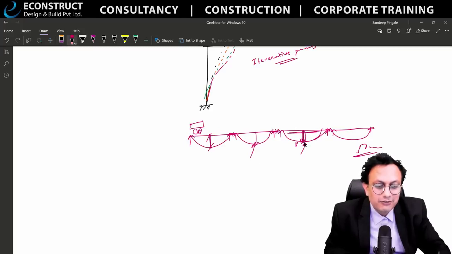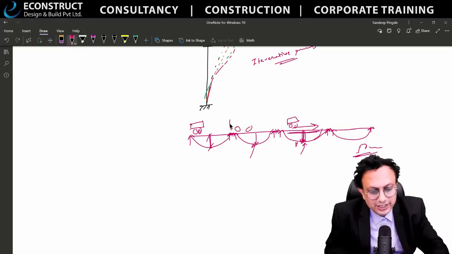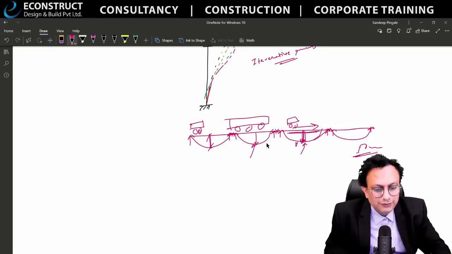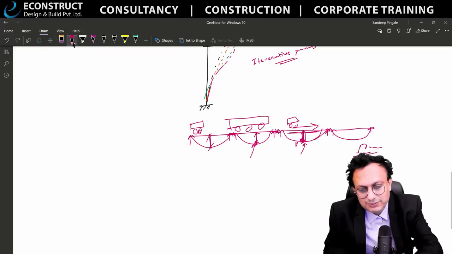So the self-weight plus the vehicle load keeps continuously increasing. Tippers will go, trailers will go, day by day the population is increasing, so obviously the load will also increase. So this would be the maximum deflection, zero deflection, maximum deflection.